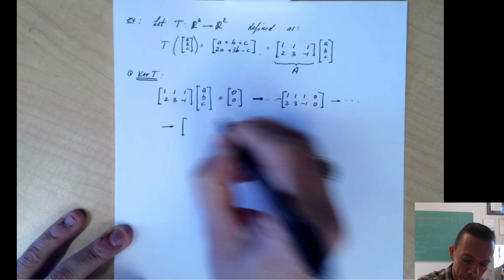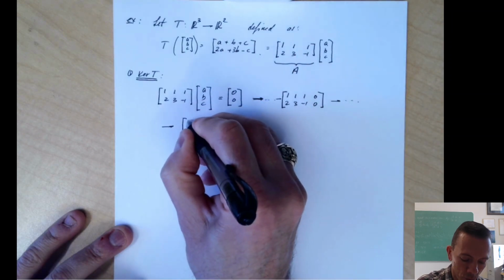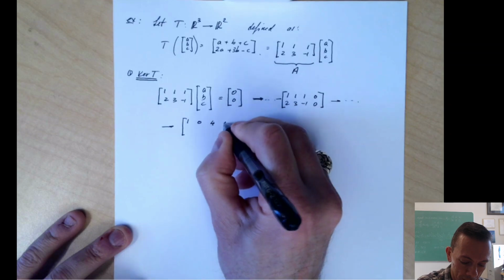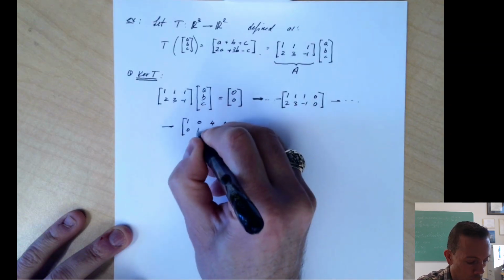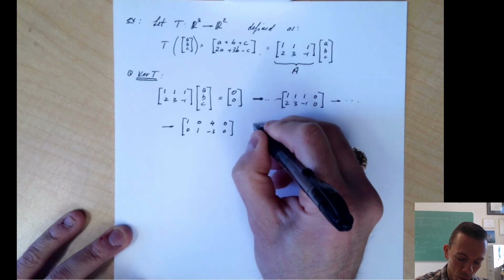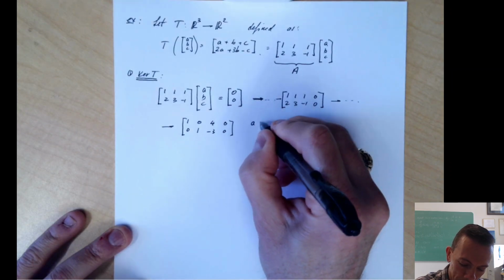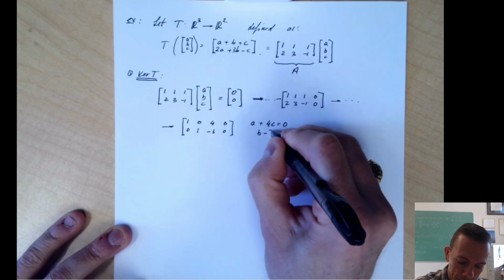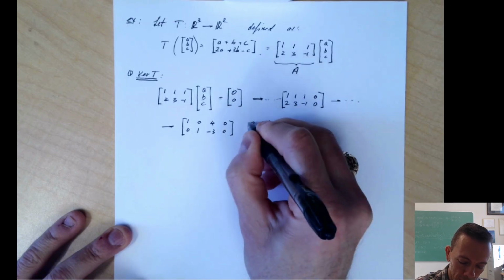so this ends up becoming, in row reduced echelon form, [1, 0, 4, 0; 0, 1, -3, 0]. So in other words, we have a plus 4c equals 0 and b minus 3c equals 0.